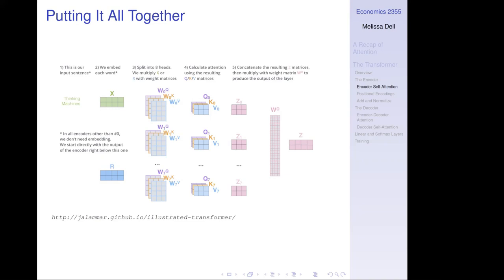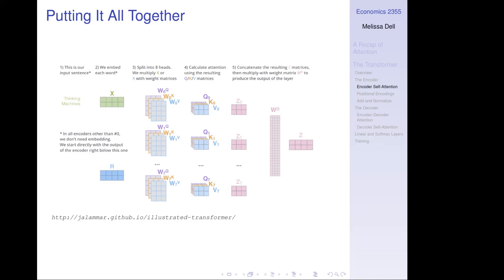So if it's the first layer of the encoder blocks, it's going to be the embeddings for the words. But at the subsequent layers, remember this is like 8 layers deep, it's just going to be the output of the previous block, which is going to be also a representation of the same dimensionality.